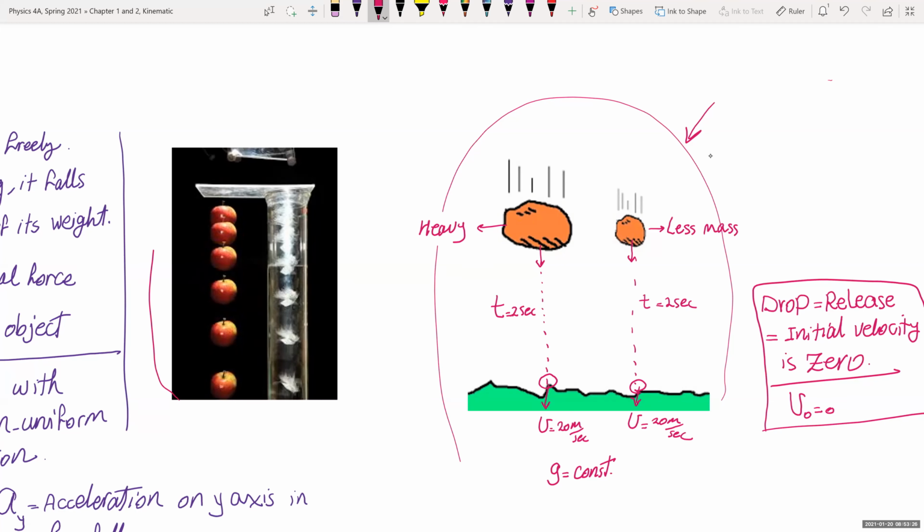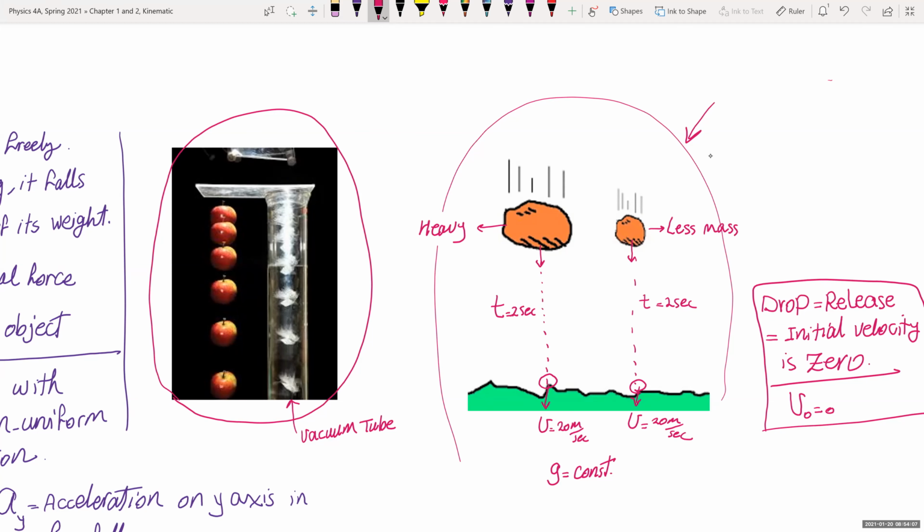And we usually do this in the physics lab. Inside this tube, you have a feather if you take a look. And here out of the tube we have an apple. Inside the tube is vacuum. So it's a vacuum tube. The feather is very light, maybe 2 grams, less than that.